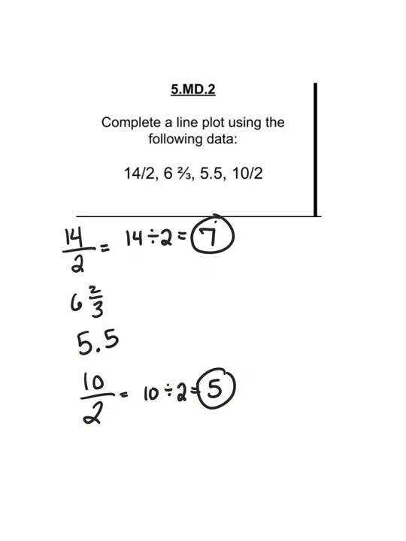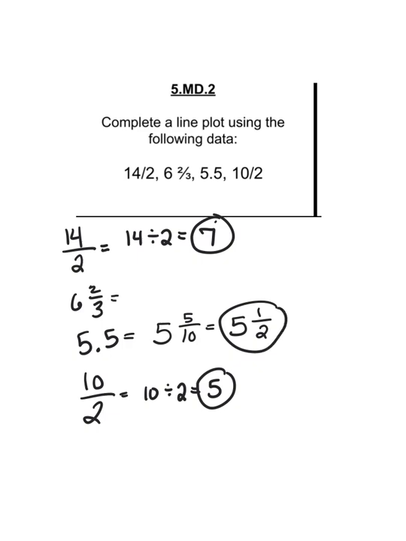Now we have 6 2/3 and 5 5/10. So I'm going to leave 6 2/3 alone and change 5 5/10 to fraction form, and then put that in simplest form, which is 5.5.